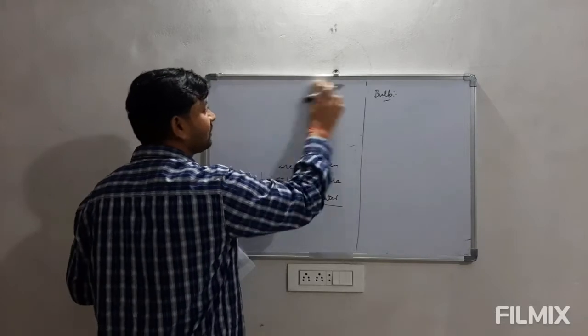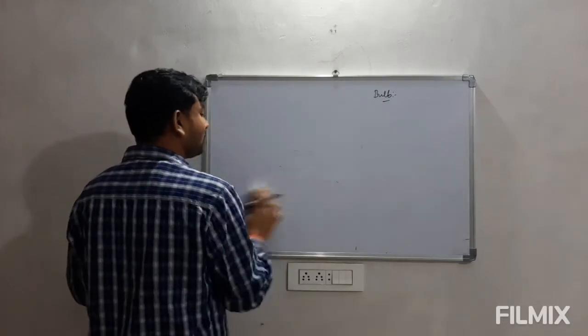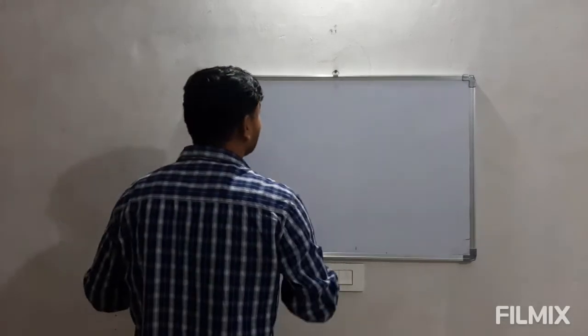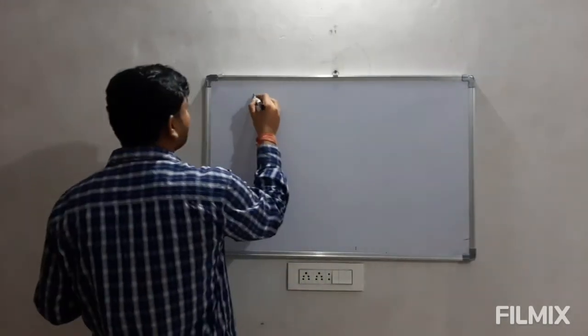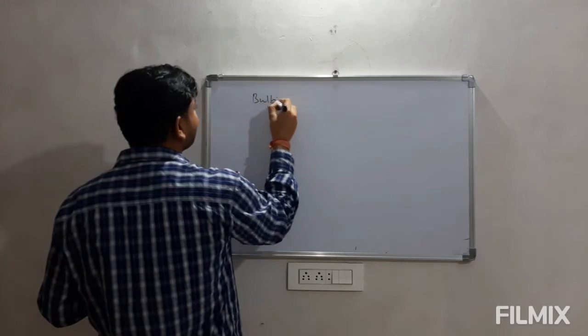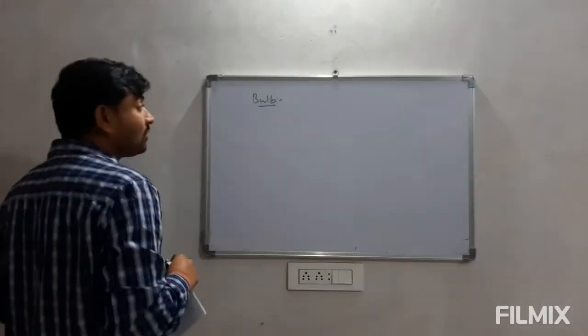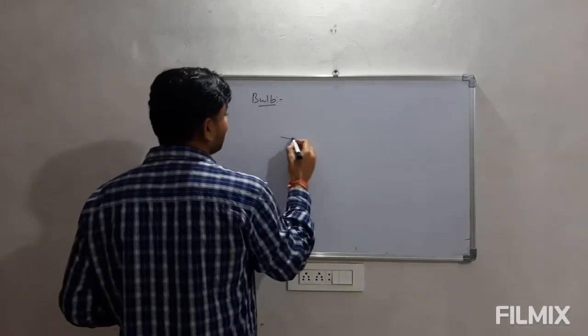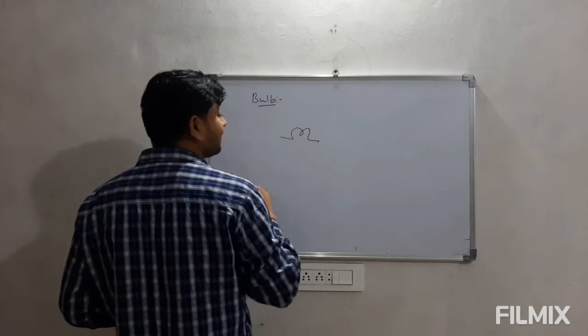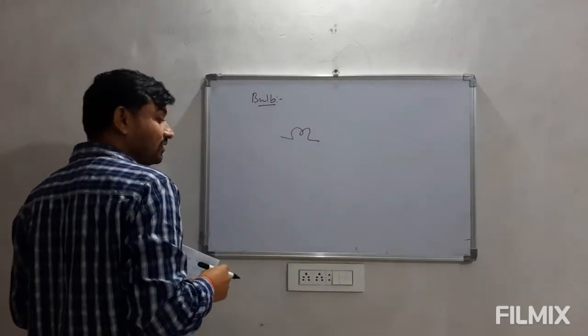And now let us discuss a really important component which we use in our day-to-day life, that is the bulb. A bulb is a device which converts electric energy into light energy.